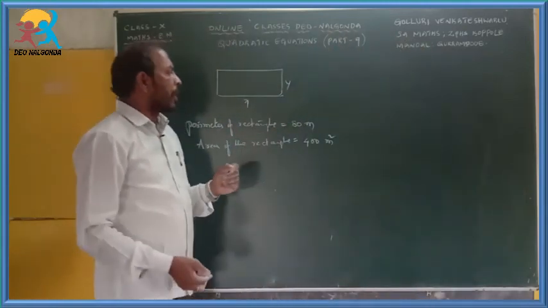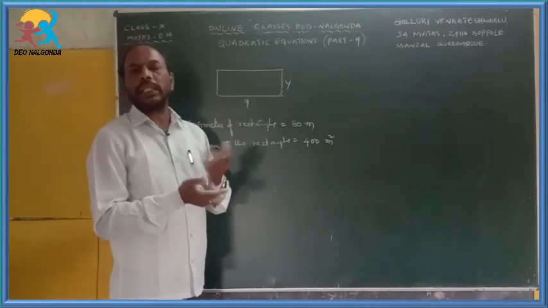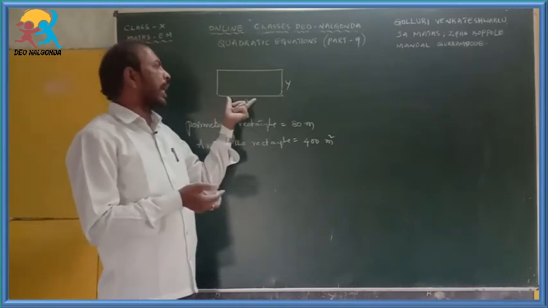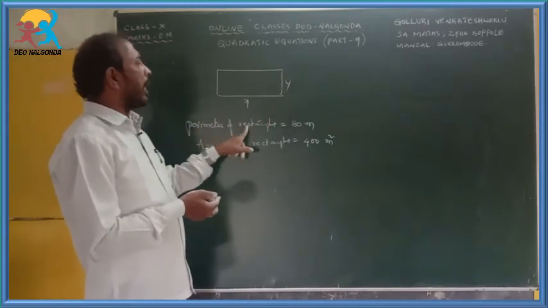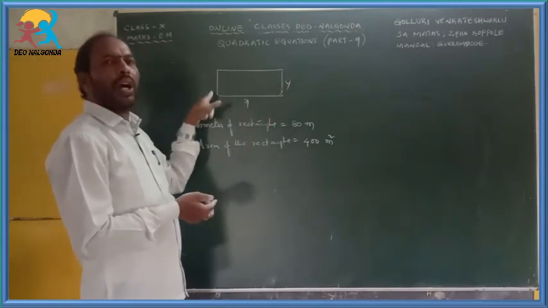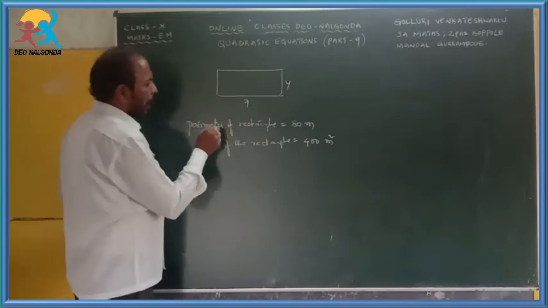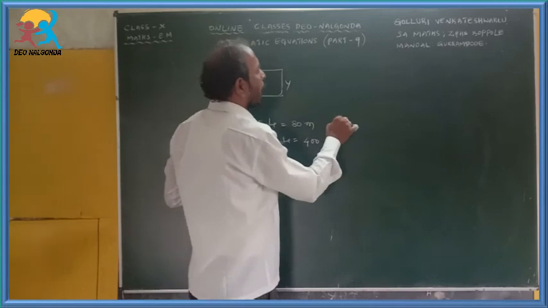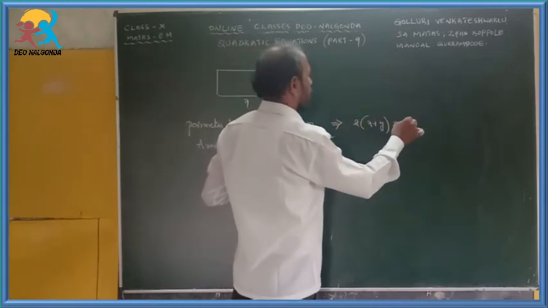If a rectangle is given, length and breadth are not given, so length is taken as x, breadth is taken as y. First, what about the perimeter? Perimeter means the sum of all the surroundings. According to the perimeter of rectangle formula, 2 times (length plus breadth) is equal to 80.